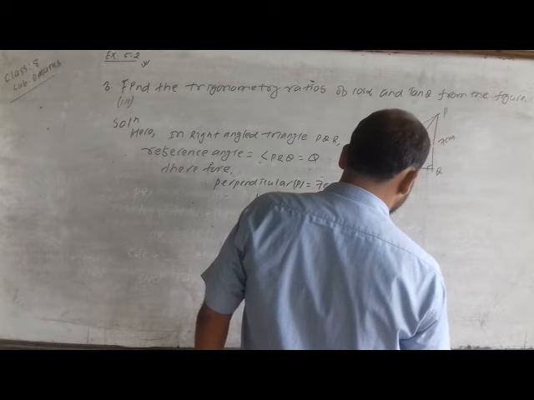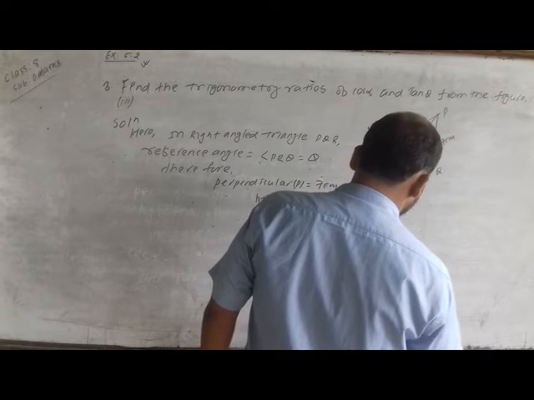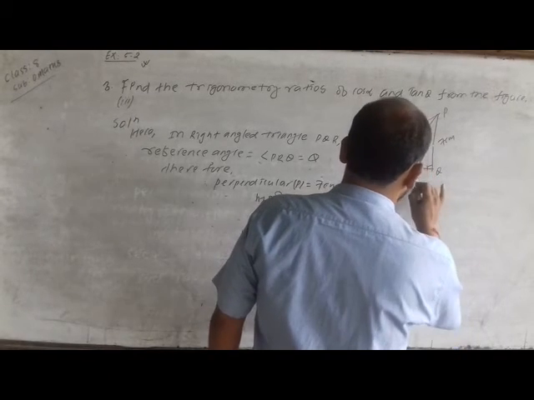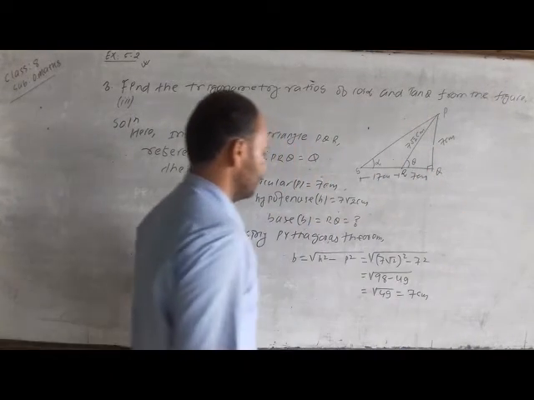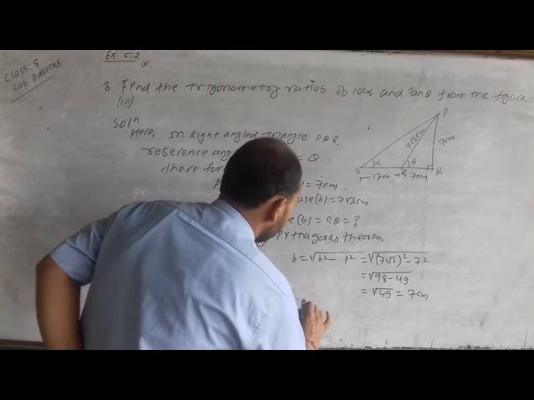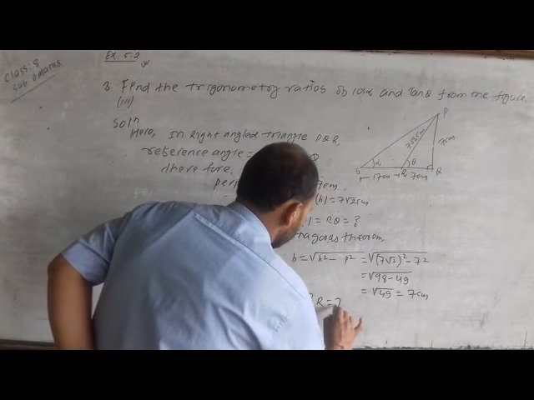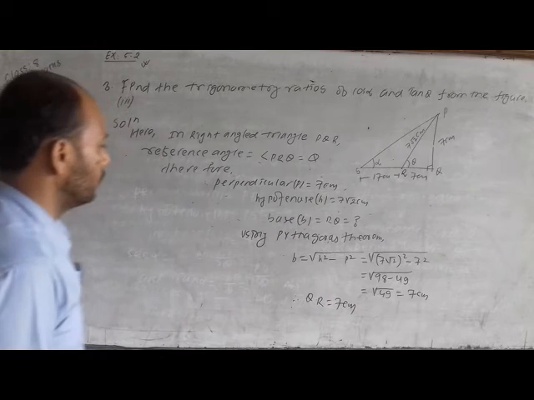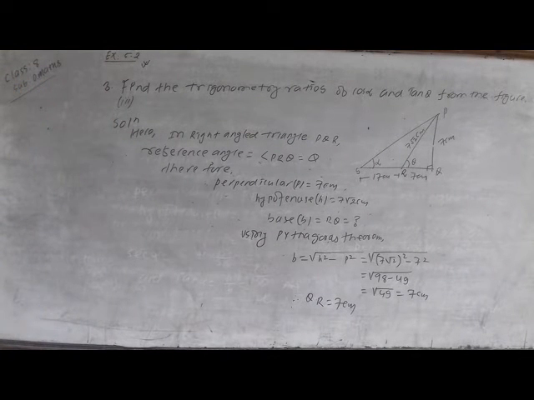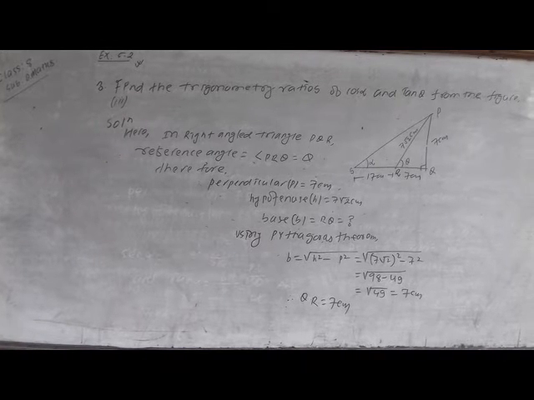We have here 7 cm. This is also what? 7 cm. So what does it represent here? B, the QR. The QR is equal to 7 cm. First you should find QR by using the Pythagoras theorem. I think all of you understanding well. Very simple.